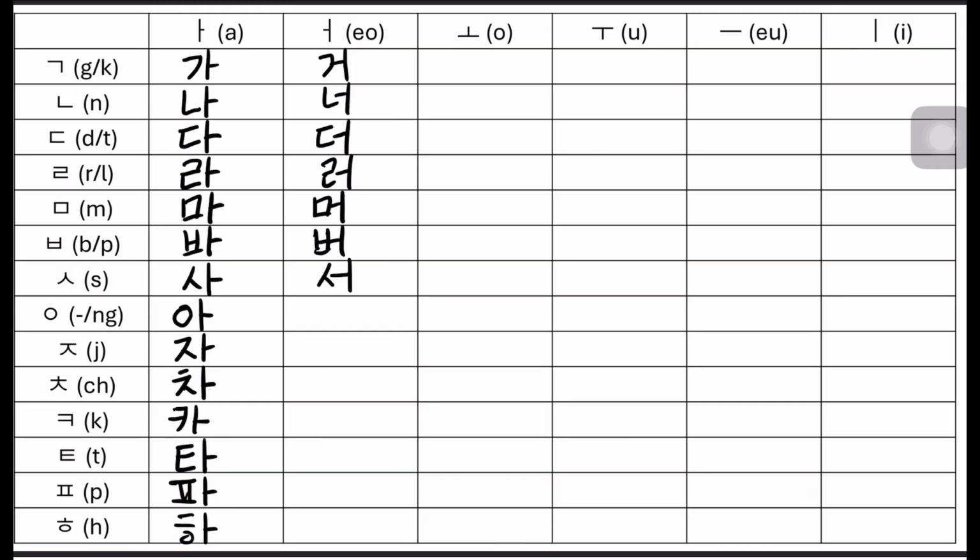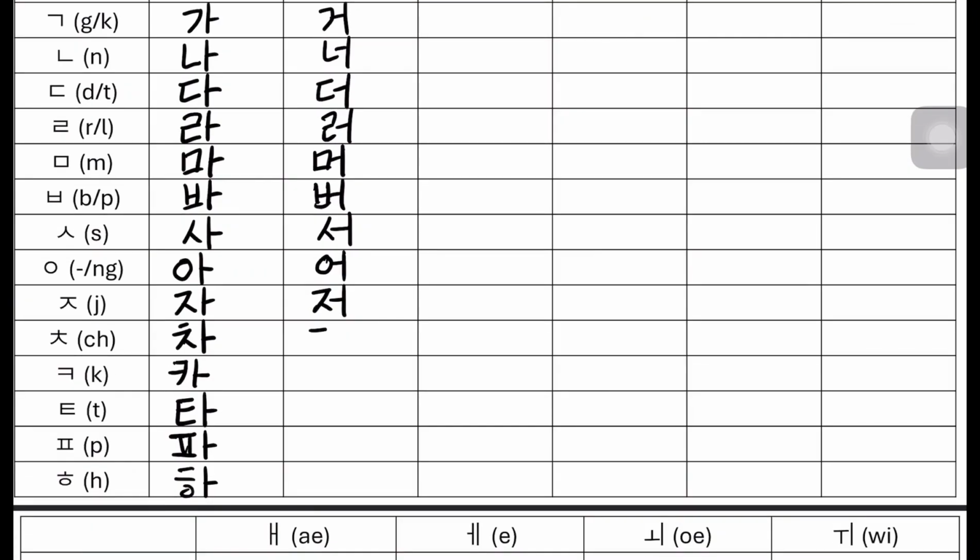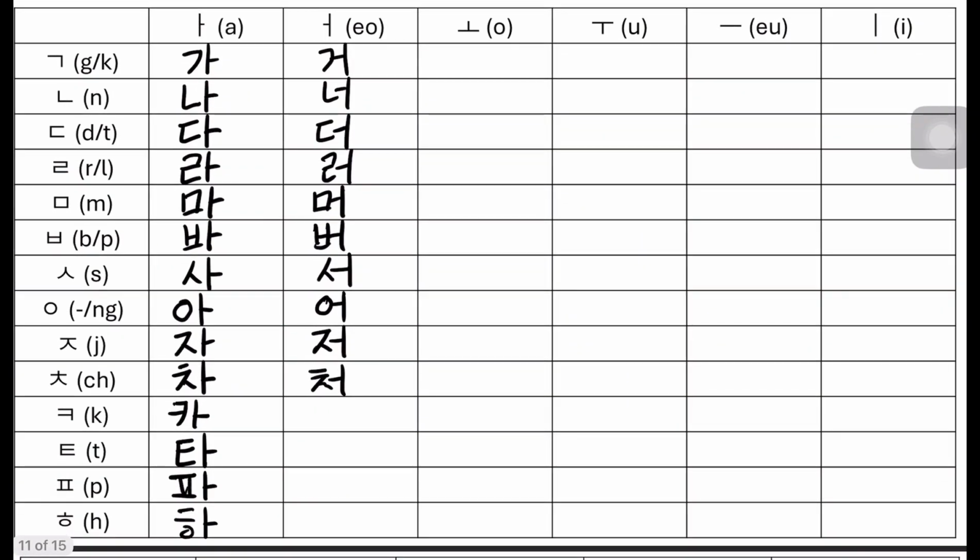S and our O is so. Our Ieung circle with O is o. Our J with O is cho. And CH with O is cho. Okay, with some air coming out, cho.